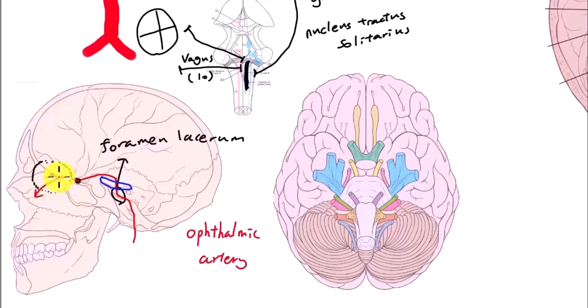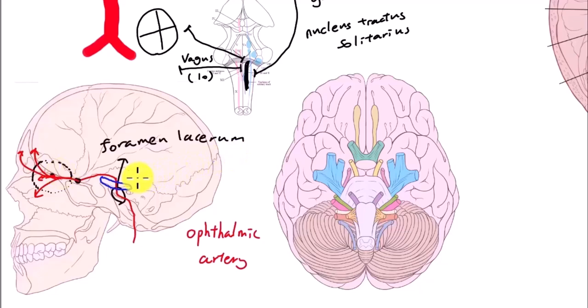The ophthalmic artery branches into the central retinal artery, which supplies the retina, the anterior ciliary artery, which supplies the ciliary body, the conjunctiva and sclera, the lacrimal artery, which supplies the lacrimal gland, the supraorbital artery, and the supratrochlear artery, which supply the muscles, the skin, and the tissues around the forehead and eyelid. And it all branches from the ophthalmic artery.